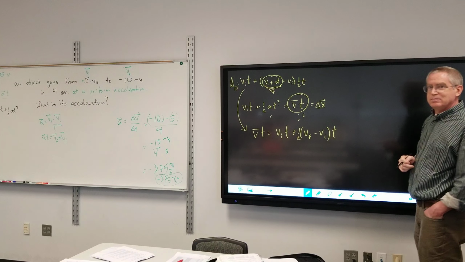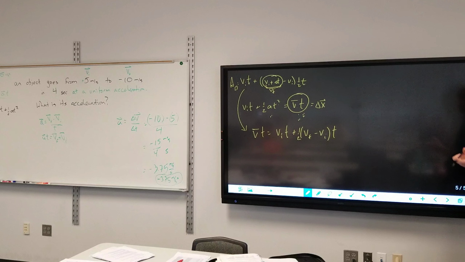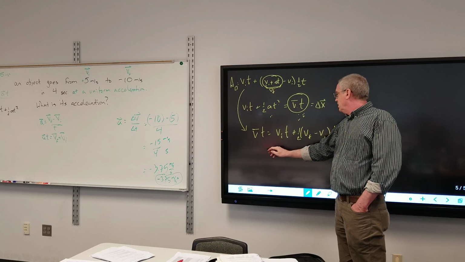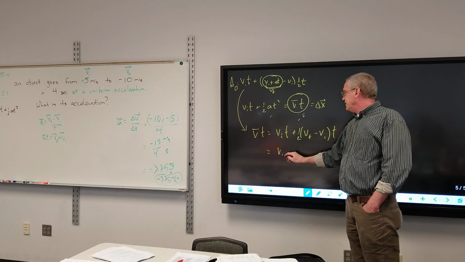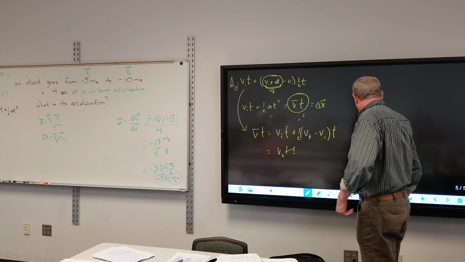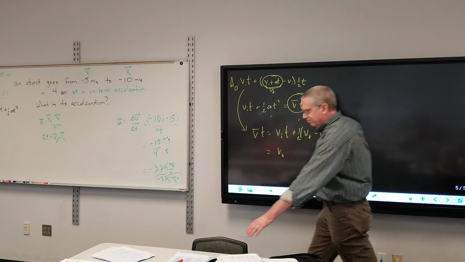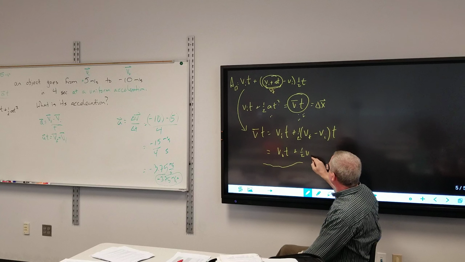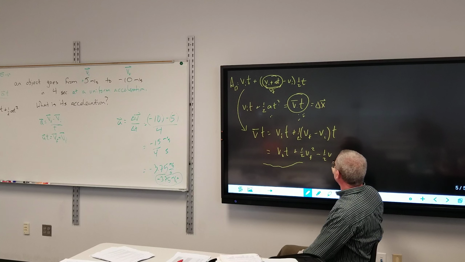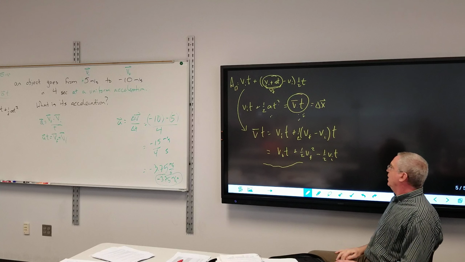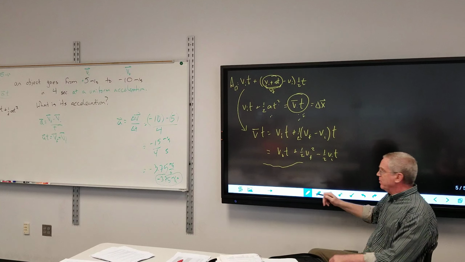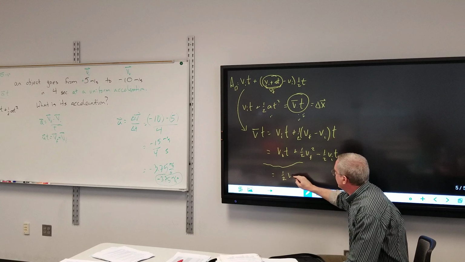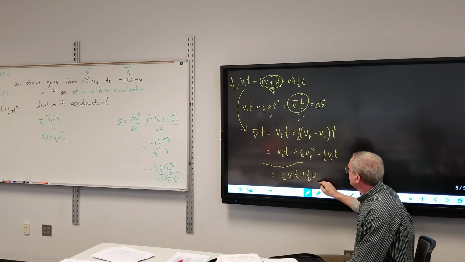Okay. More sophisticated than just adding up all the numbers and dividing by however many you have. So this would be v_i t plus 1/2 v_f t minus 1/2 v_i t. Well, I got v_i t and a half v_i t, so I can combine those, so I get 1/2 v_i t plus 1/2 v_f t.